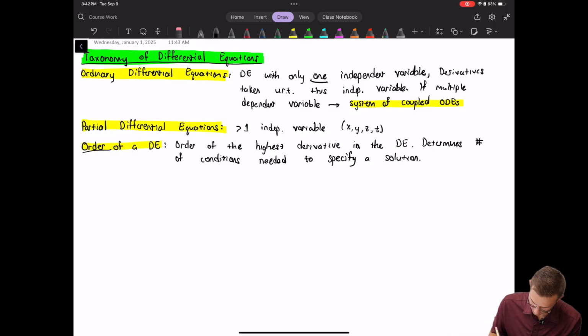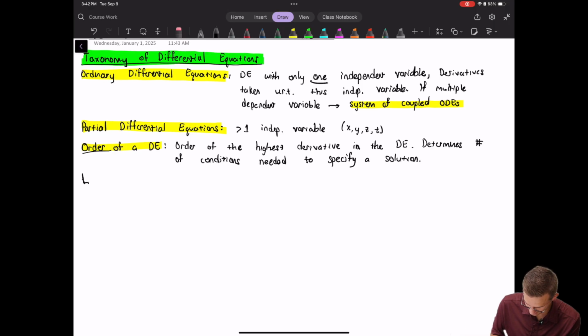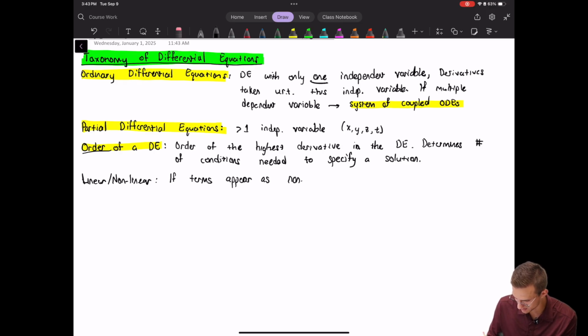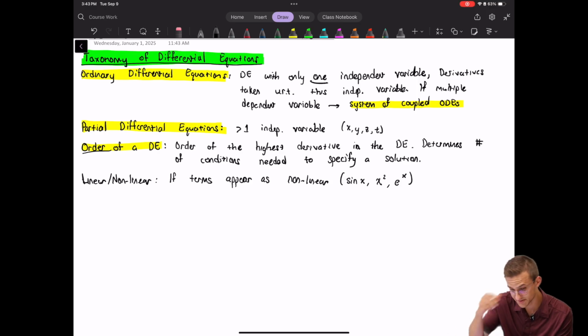Okay, so now what about linear versus nonlinear? If terms appear as nonlinear functions of the dependent variable, then the differential equation is nonlinear. So if terms in the overall differential equation appear as nonlinear, and what do I mean by nonlinear? Here I mean things like sine of x, or x squared, or e to the x. Those are all nonlinear functions of x.